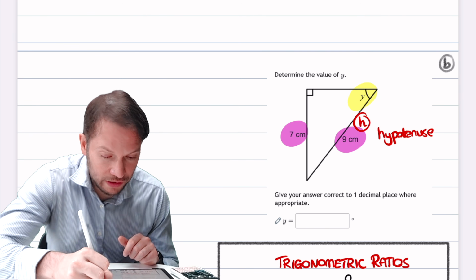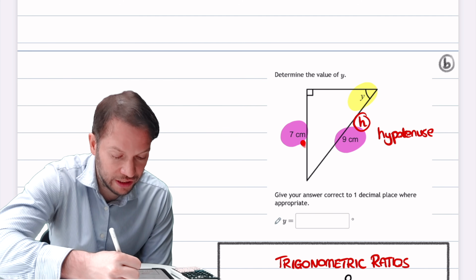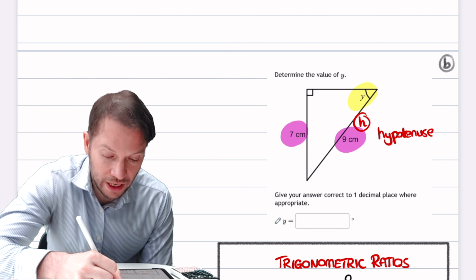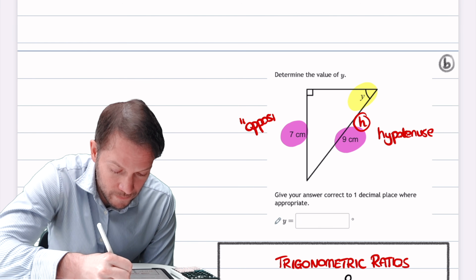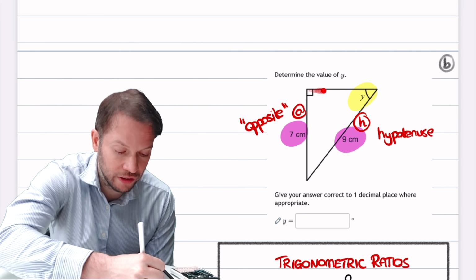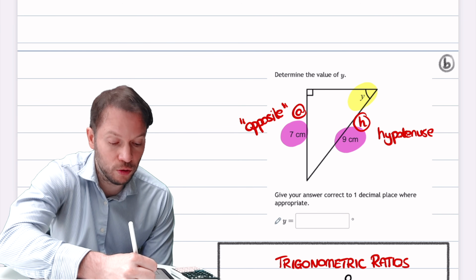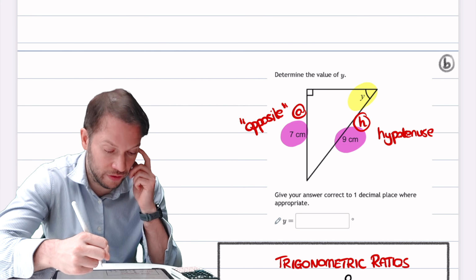And then this side here of the 7 centimetres, this side can be seen as opposite the angle of interest, and this is called the opposite length. And I put a little O for short. Now, we didn't use the other side here because it's not labelled, but this is called the adjacent because it's adjacent, next to this angle of interest.